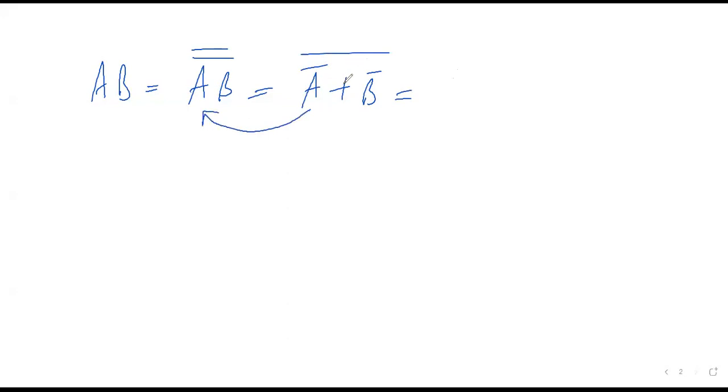Now, this is an AND gate. We have an OR gate. We have a NOT. We have a NOT. We have a NOT. On top of that, we have an OR. Let me represent the OR gate first. Then I think you get a clear picture of how we go about representing the NAND.